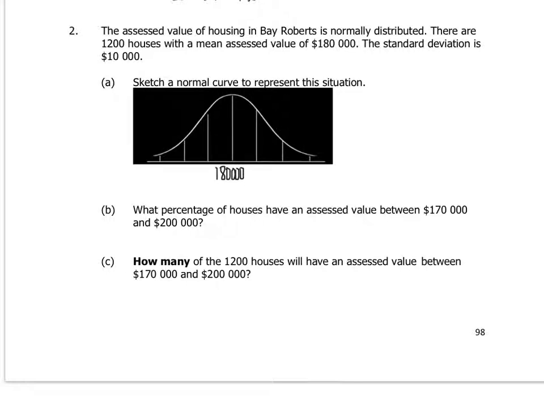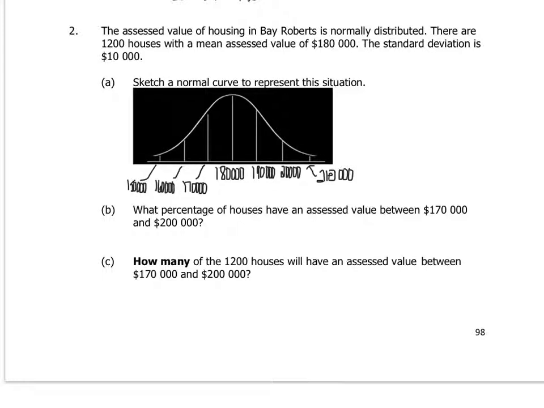Then you add on your standard deviations to go to the right, so that would be 190,000, then 200,000, and then this one here would be 210,000. And going this way, of course, you'd be taking off 10, so this would be 170,000, then 160,000, and 150,000.